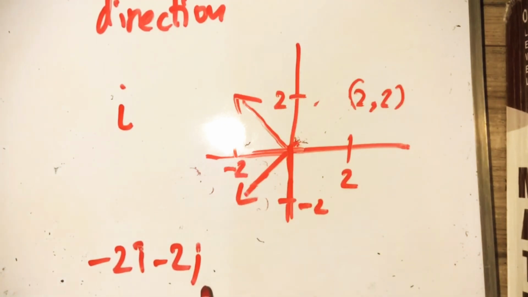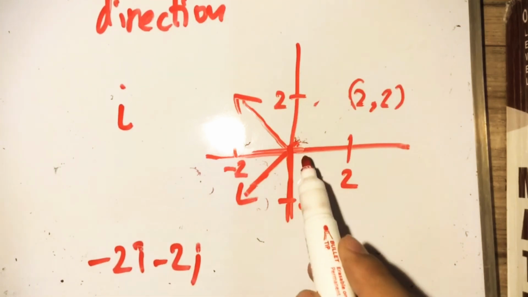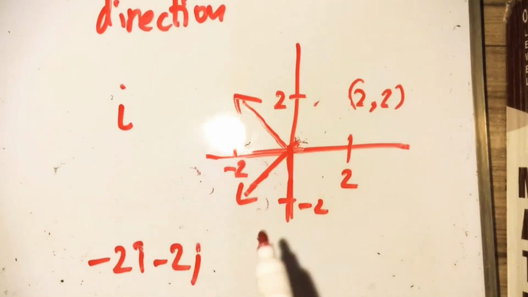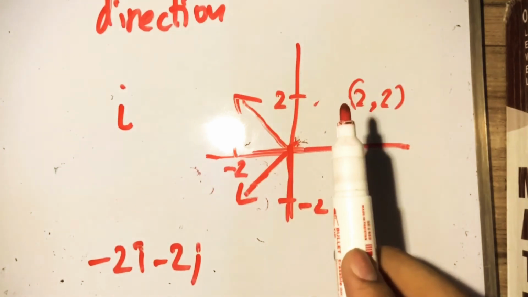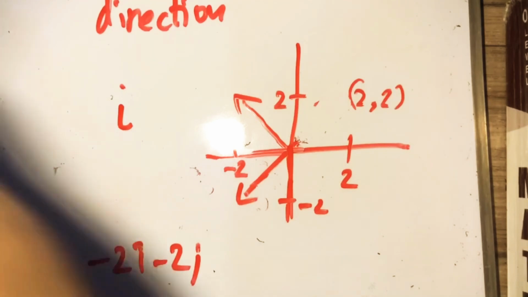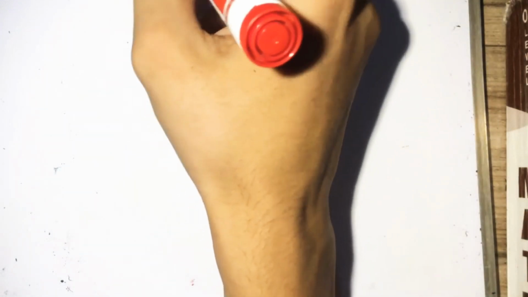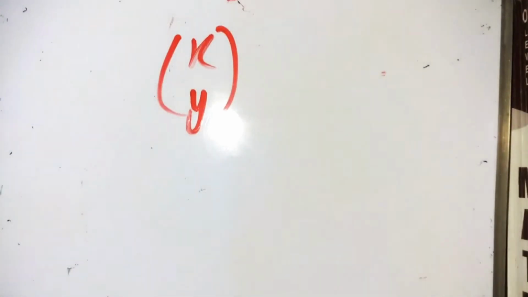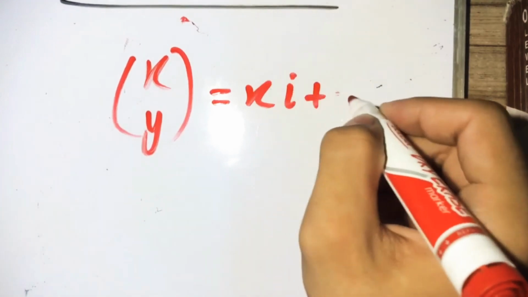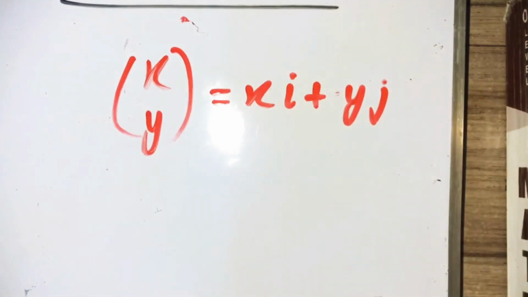So i and j are unit vectors. i represents one block on the x-axis towards the right, and j represents one block on the y-axis upwards. Now from this we've learned that if, for example, we have a vector (x, y), we can also write it as xi plus yj.